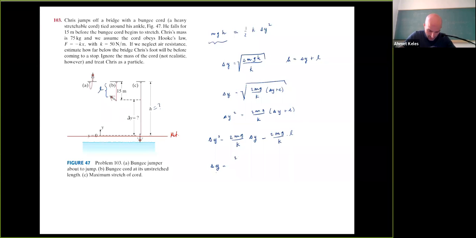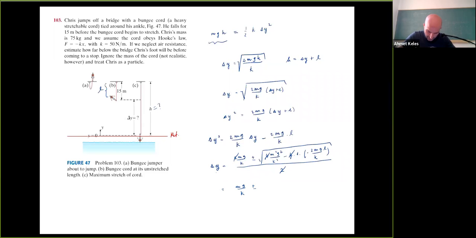Minus b is 2mg over k plus or minus square root of b squared, 4m squared g squared over k squared minus 4 times 1 times c, which is minus 2mgL over k, and this whole thing divided by 2, and this is 2mg over k plus or minus, I think we can cancel this one with this one, this one, and this one.